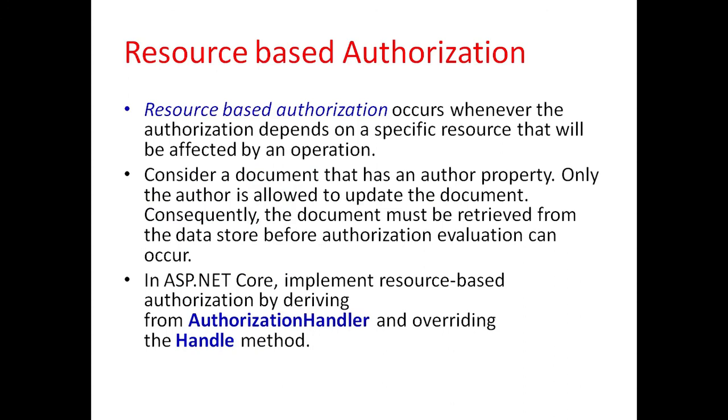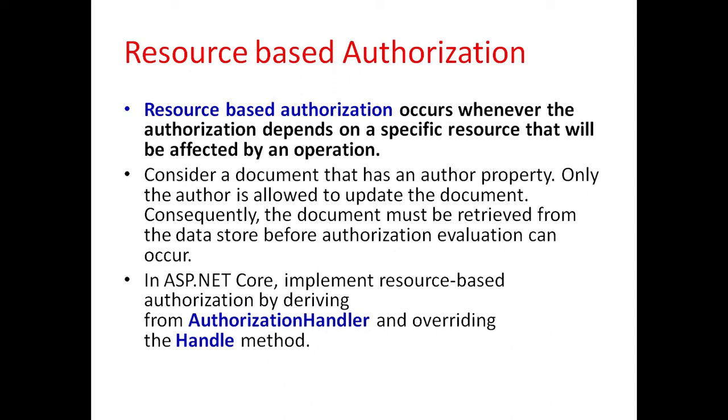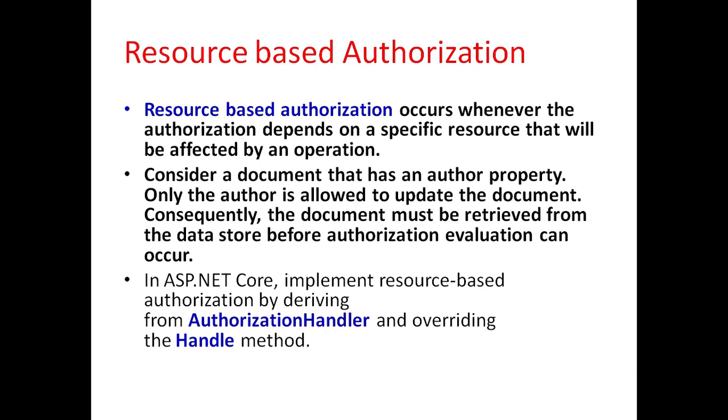And last is resource-based authorization. Resource-based authorization occurs whenever the authorization depends on a specific resource that will be affected by an operation. Consider a document that has an author property. Only the author is allowed to update the document.